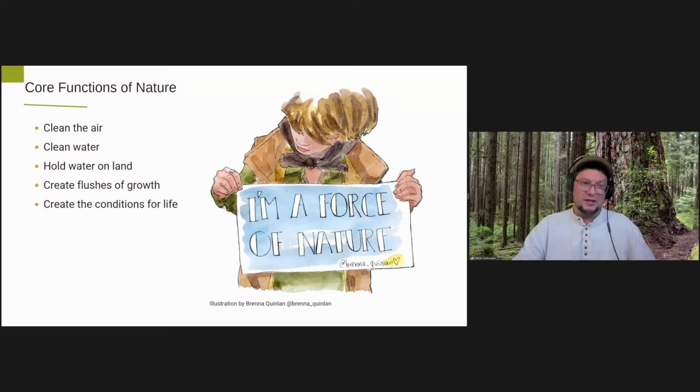My beloved permaculture mentor, Rosemary Morrow, who is a teacher on the upcoming Soil Food Web School permaculture course, shares some of the core functions of nature as cleaning the air, cleaning the water, holding water on land, and creating flushes of growth by supporting healthy soil in the soil food web. Nature carries out the functions that makes all life possible, creating the conditions for life to thrive in. And that is our role too.